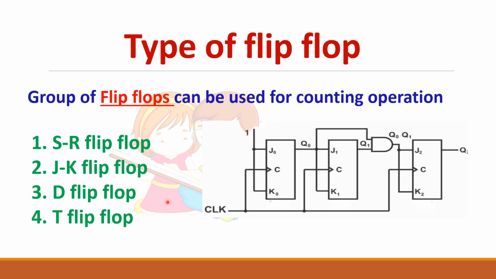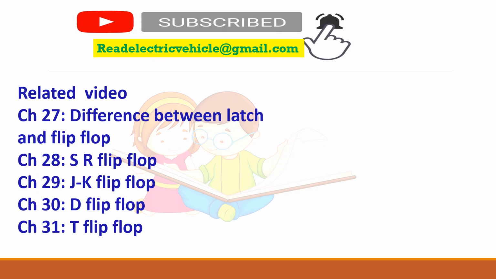Before designing a counter, you should be aware of the truth table as well as the excitation table of all the flip-flops, so that it will be easy to design a counter. If you are not thorough with the flip-flops' truth tables and excitation tables, please go through these videos to get the basic understanding of flip-flops, and then you can go and design a counter. It will be very easy.